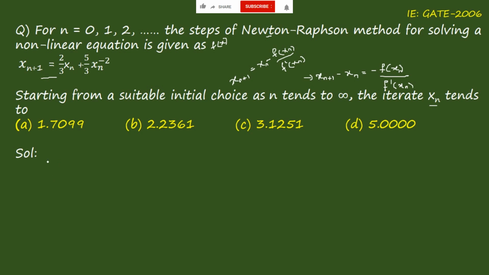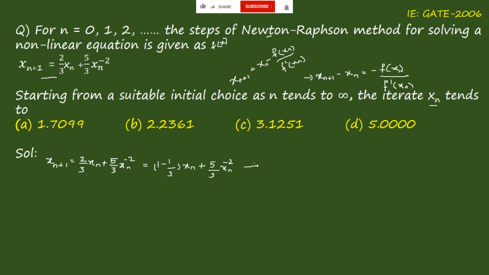Now they have given the values: x of n plus 1 is equal to 2 by 3 x of n plus 5 by 3 x of n power minus 2. We can write this as 1 minus 1 by 3 whole x of n plus 5 by 3 x of n power minus 2, right?